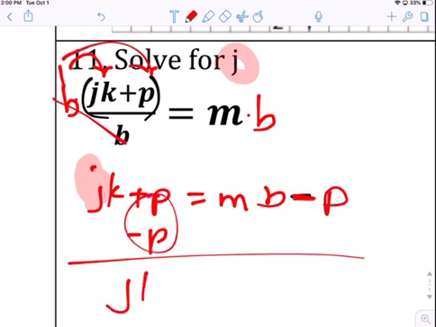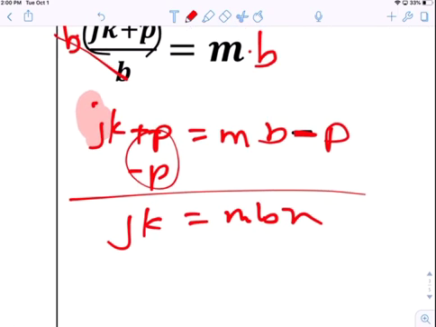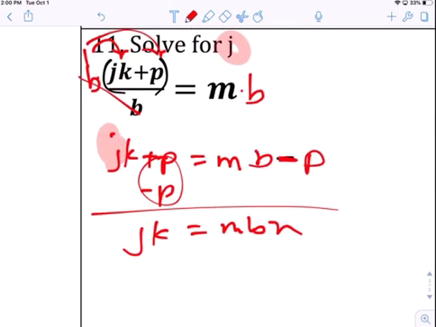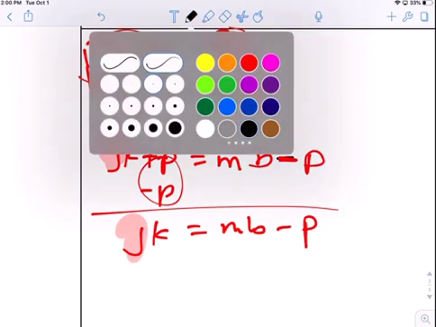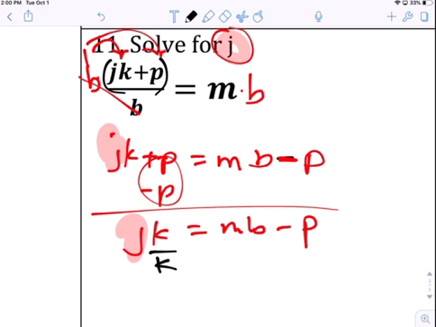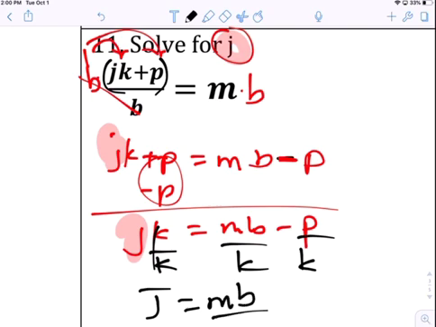JK equals MB minus P. We want J, get rid of K, divide by K. J equals (MB minus P) over K.